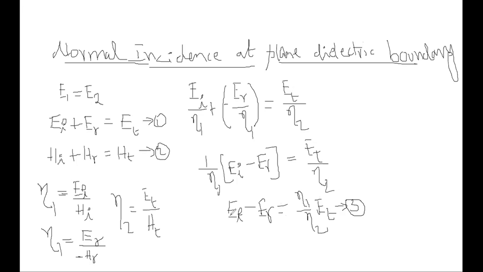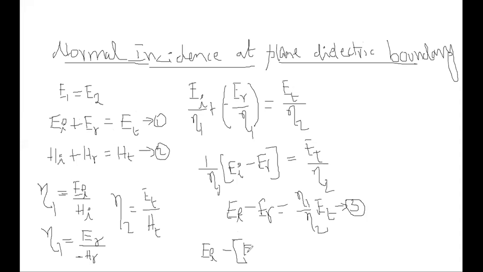First of all, taking EI minus ER and ET, first find the transmission coefficient. What is the transmission coefficient? Taking equation 1, you can substitute it in equation 3. From equation 1, ER is equal to ET minus EI.